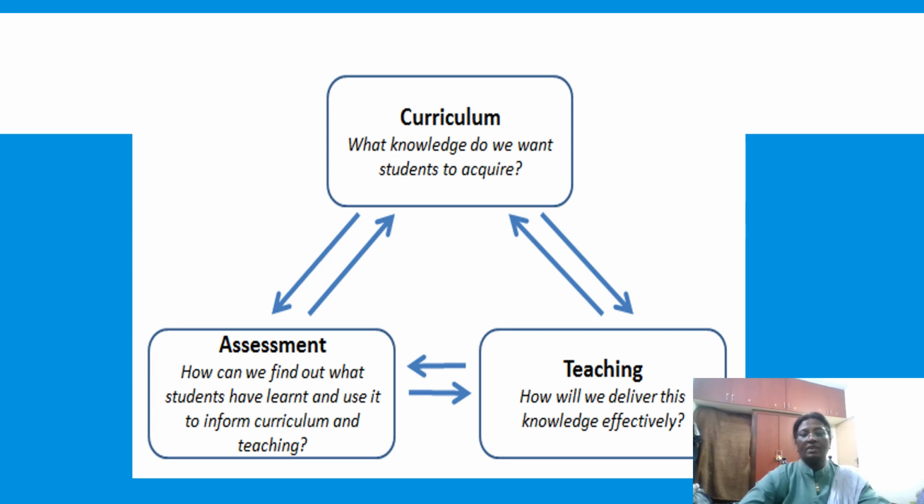And teaching: how we will deliver this knowledge effectively, in what mode we are going to deliver it to the children for enhancing that knowledge. The curriculum and teaching are interlinked, both are related.